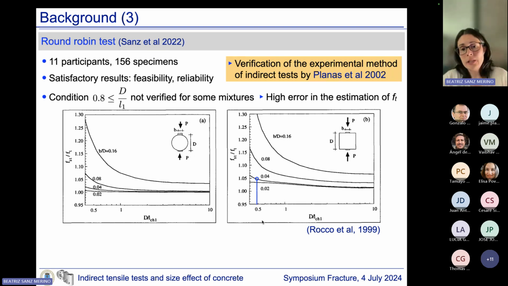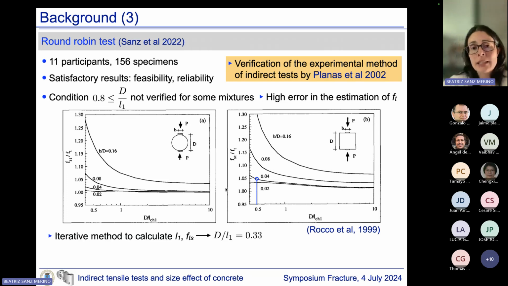So what can we do on this occasion? Well, to control the error of the test, one possibility is to increase the size of the specimen, but this was not a practical solution because we want to use the factory facilities and to keep the specimen size. So another possibility is using these curves to correct the obtained value for the tensile strength through an iterative method.